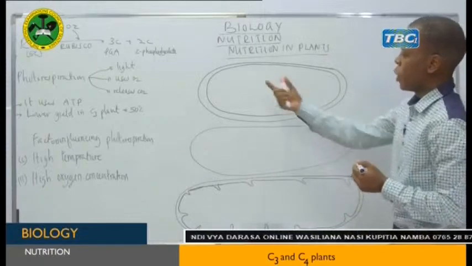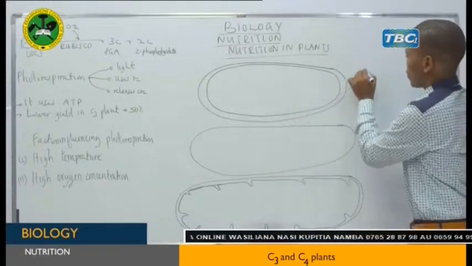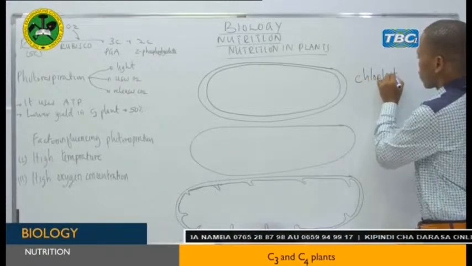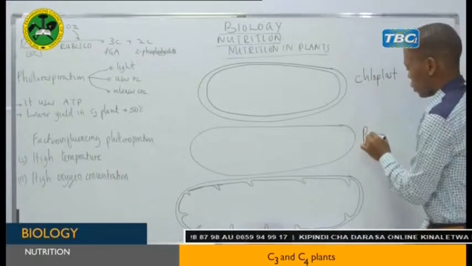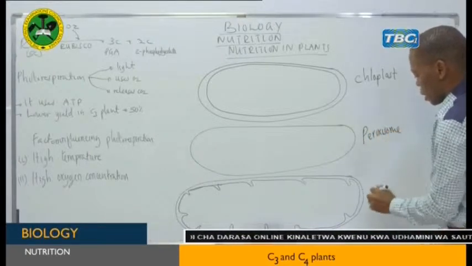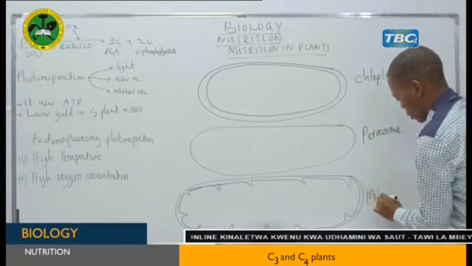Therefore, this is chloroplast, and this is leaf peroxisomes, and this is mitochondria.